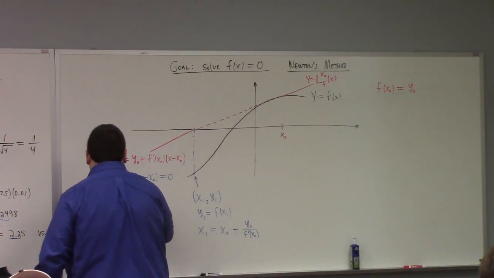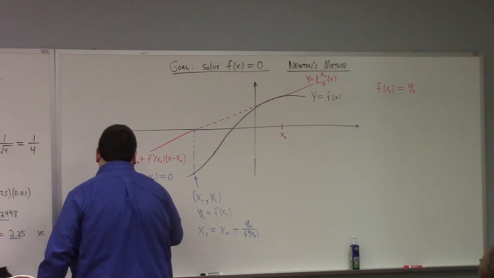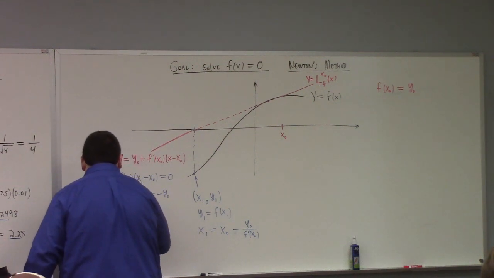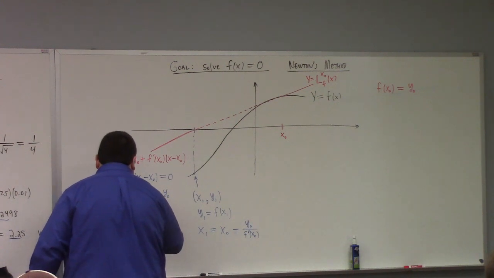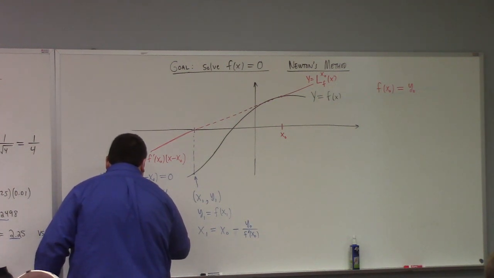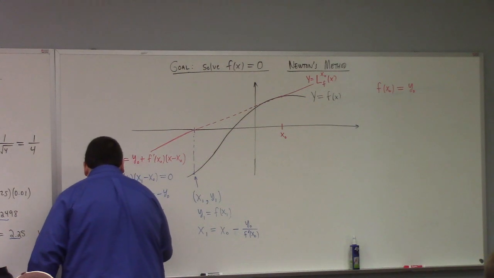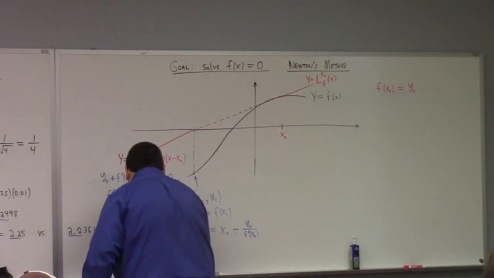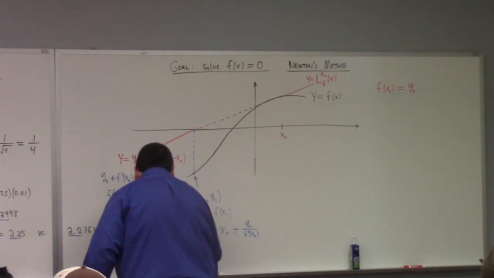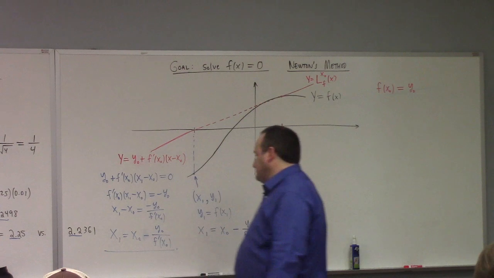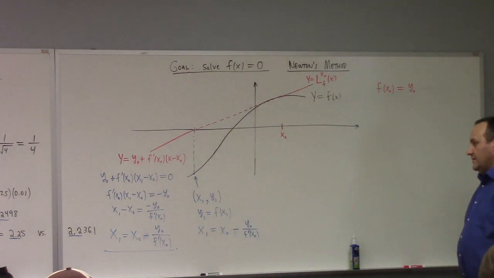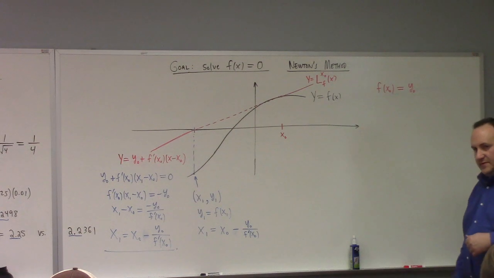So f prime of x naught times x1 minus x naught is equal to minus y naught, and then I divide by f prime. And then I add x naught to the other side, okay? That's x1. All right? So there's a formula for x1.